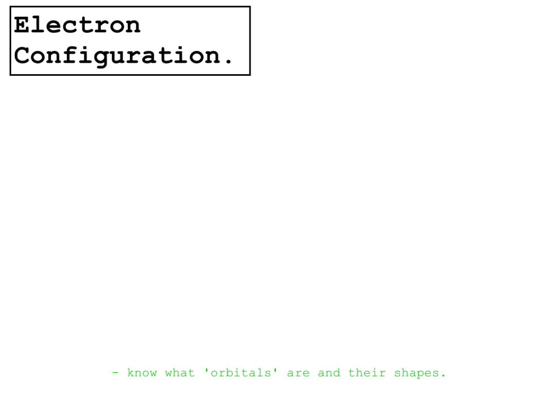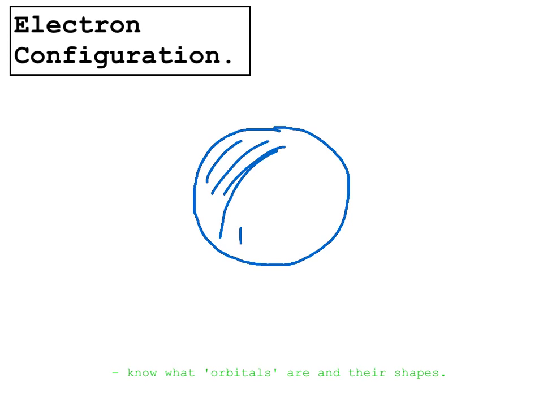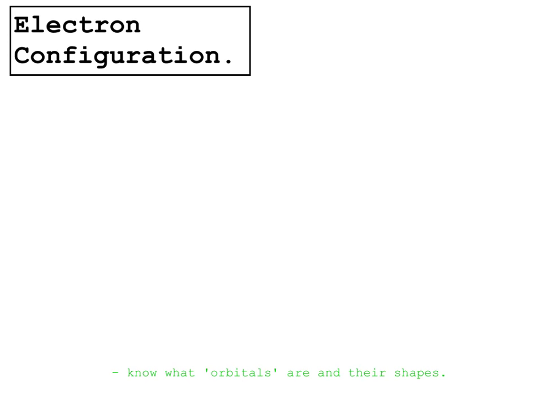And at A level you need to know the shapes of 3 types of orbital. The first one is the s orbital, and an s orbital is simply a spherical shape. Obviously these would be 3D, but I can't draw in 3D. Well, I'll have a go. No, that hasn't worked. But yes, it's a spherical shape, the s orbital. The next one along is the p orbitals, and there are 3 of these in one shell.